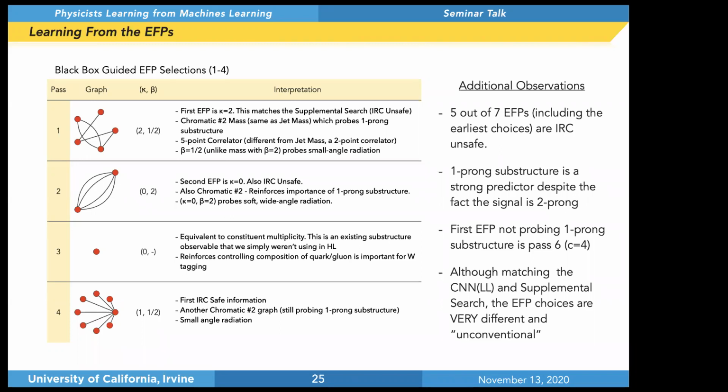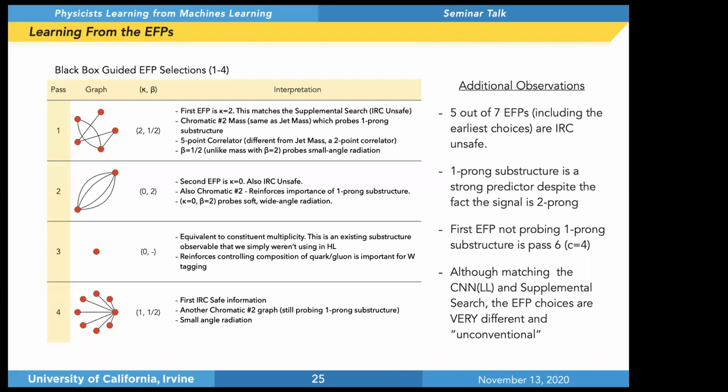If you start out with, say, the normal jet substructure observables like jet mass and N-subjettiness, the specific energy flow polynomials it'll pick are going to be very different, because it's always trying to fill in this gap of information. So most likely these specific choices of EFP on slide 25 are not necessarily helpful in the context of a separate neural network that's trying to use the existing jet substructure.